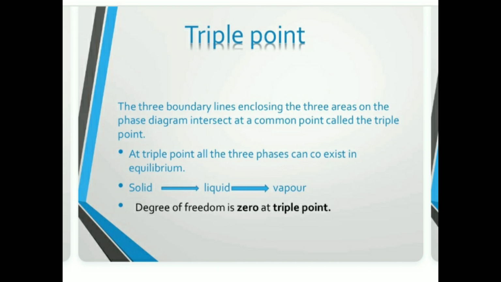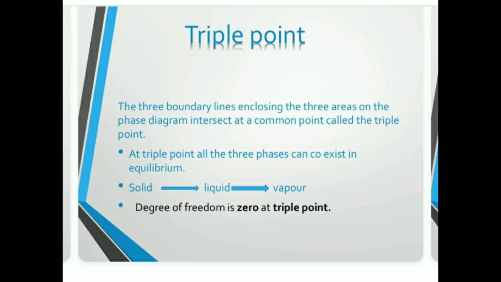There, the degree of freedom is 0, because F is equal to C minus P plus 2. Here the component is 1. But the phase is 3, so minus 3. 1 plus 2 is 3. 3 minus 3 is equal to 0.